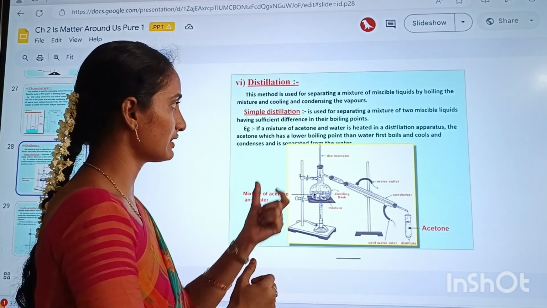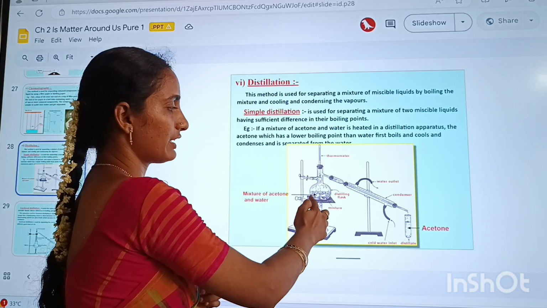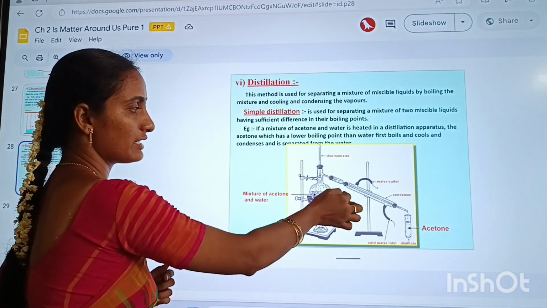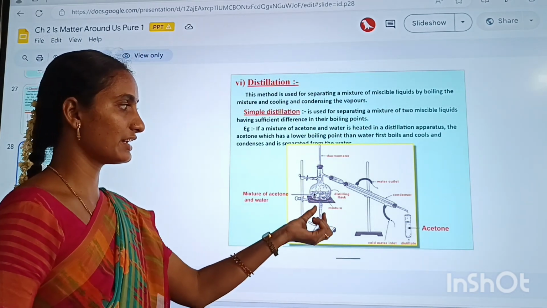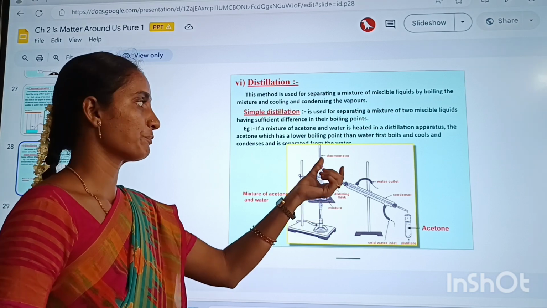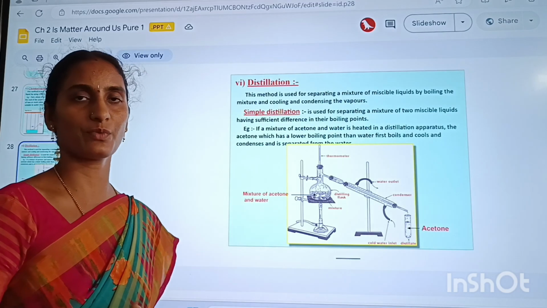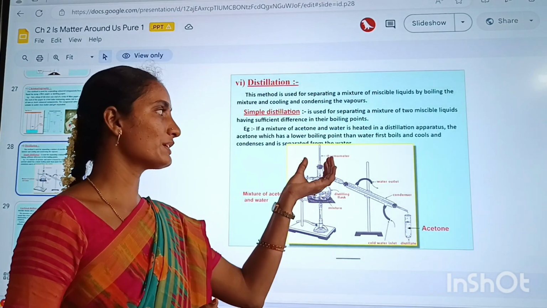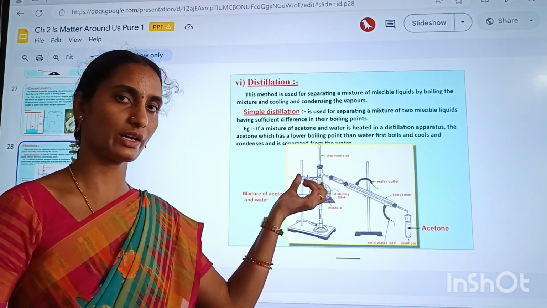Here we can take the example of acetone and water. In this beaker we are taking the acetone and water. Next is the distillation flask, which we keep on a burner. We arrange a thermometer above the distillation flask, because the thermometer tells how much temperature we are applying for heating the acetone and water mixture.